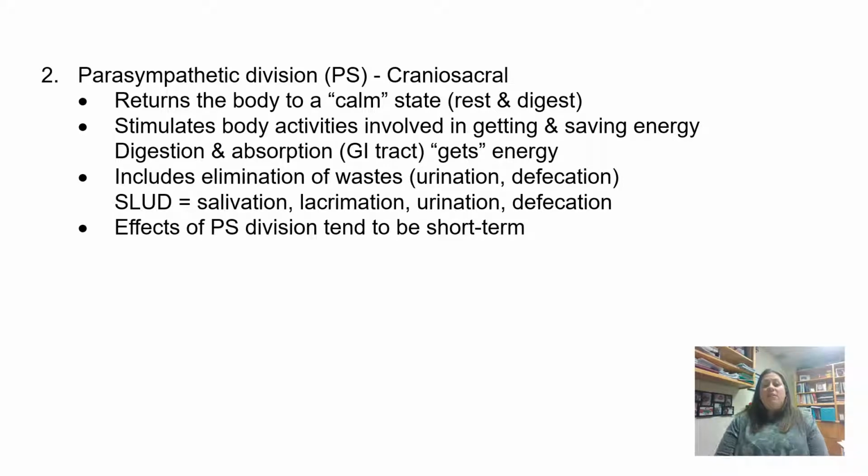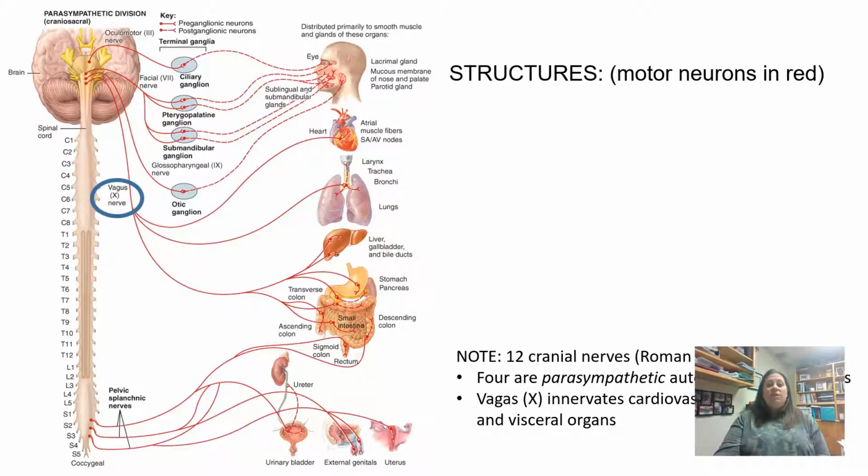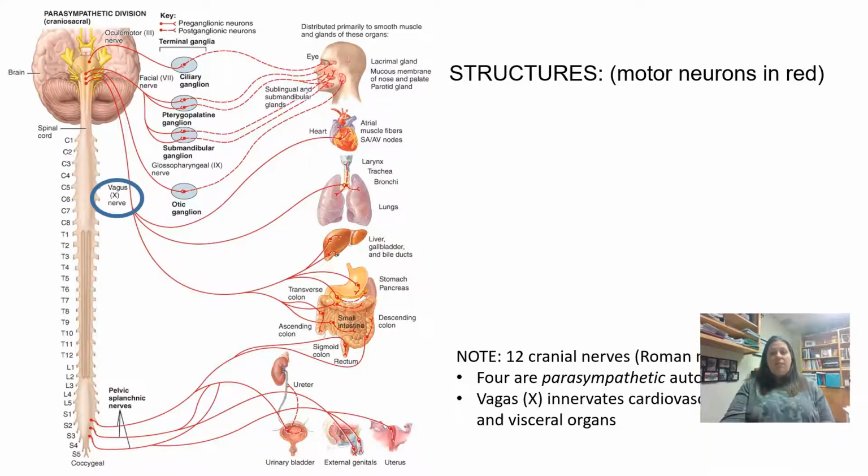The effects of the parasympathetic division tend to be more short term, and a lot of this has to do with the fact that there's not going to be that innervation or intertwining between the parasympathetic and the hormone or endocrine system. So let's look at the structures. The motor neurons of the parasympathetic nervous system are shown in red.